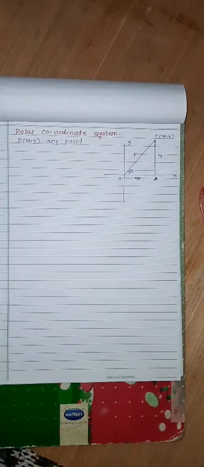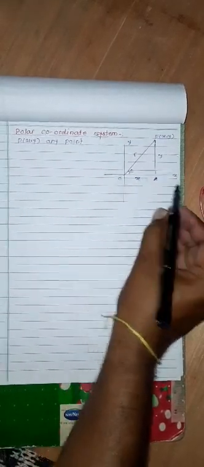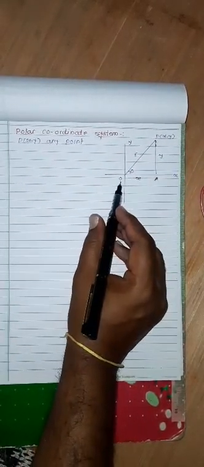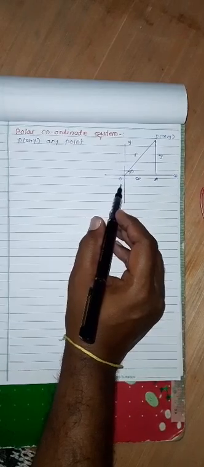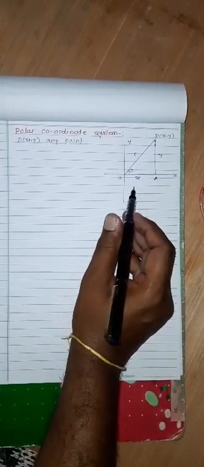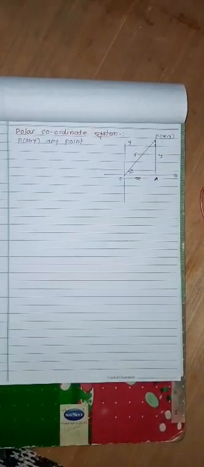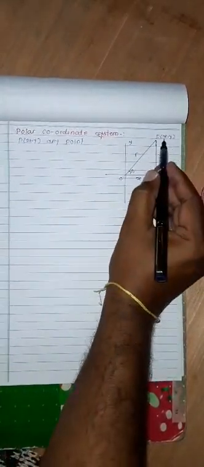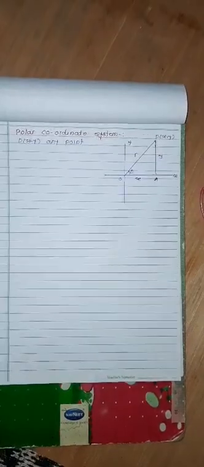Consider the polar coordinate system. Suppose this is the x-axis, this is the y-axis, this is the origin, and OX is on the x-axis. Suppose P is a point with the coordinates x, y, any point that lies in the xy plane.